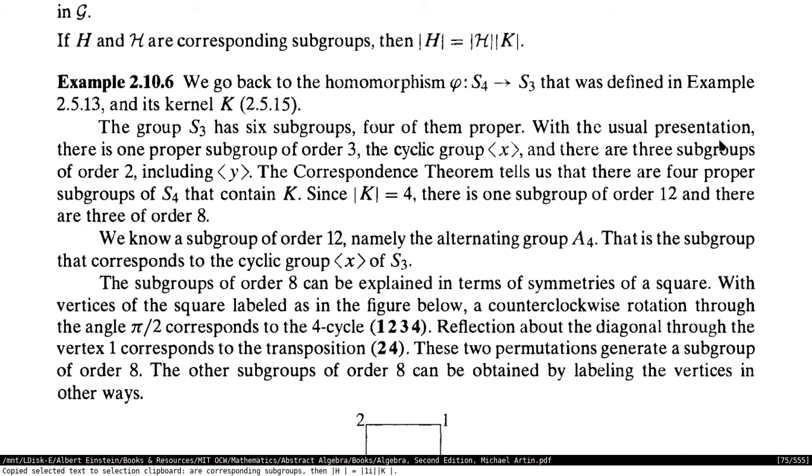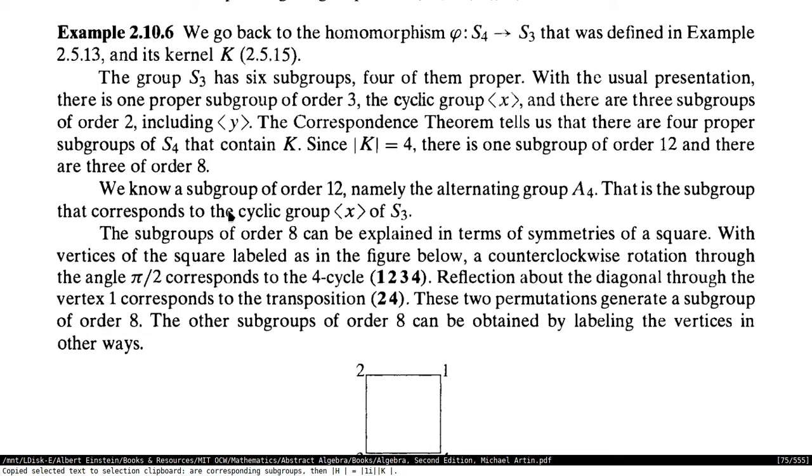Yeah, and one of these subgroups of order 12 is going to be the A4 alternating group on 4 elements.